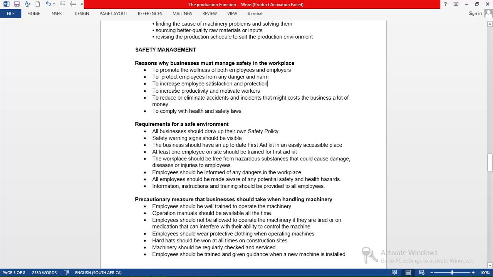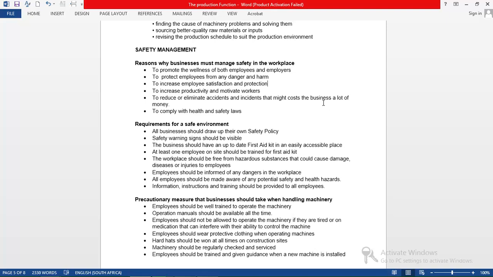So when you're managing safety, you are trying to reduce or eliminate problems in the workplace, because those accidents, if they happen, might cost the business a lot of money. Remember, if somebody gets injured, the business has to pay for the medical bills, has to compensate them, and has to still pay salaries for that person. Those are a lot of costs that you have to incur if somebody gets injured at the workplace.